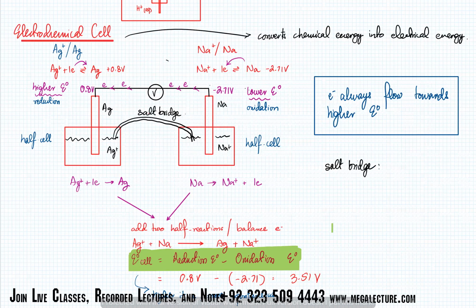So the salt bridge is needed to complete the circuit. So it's needed to complete the circuit, and without it, no current would flow. And I will explain to you why.